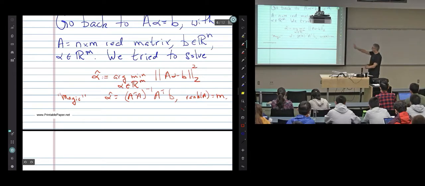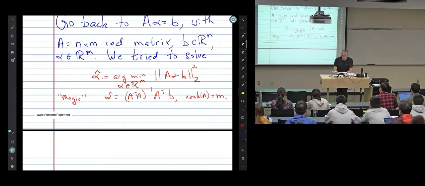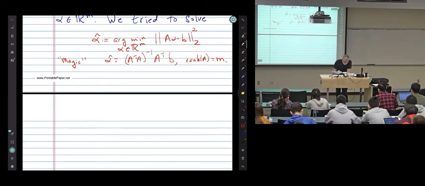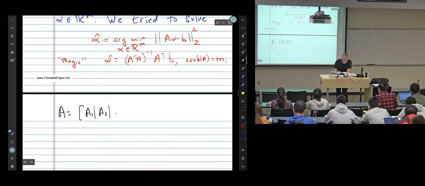So that's what you used in homework this week. Everybody was super happy. Okay, we're good? Now, let's write A in terms of its columns. Partitioned matrices.